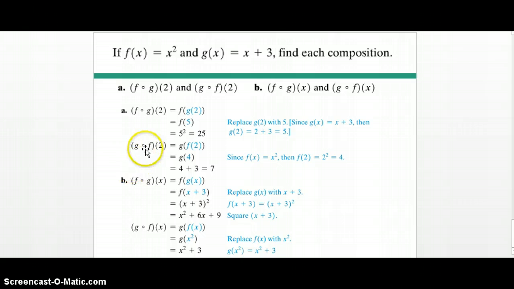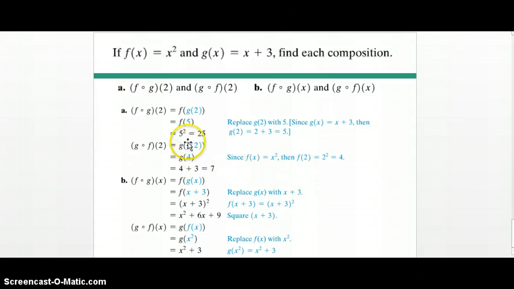Similarly, g composition of f of 2. First we have to find out the value of f of 2 in the function f of x equal to x square. Here f of 2 equal to 2 square, which is equal to 4.